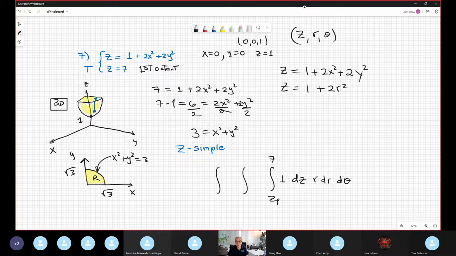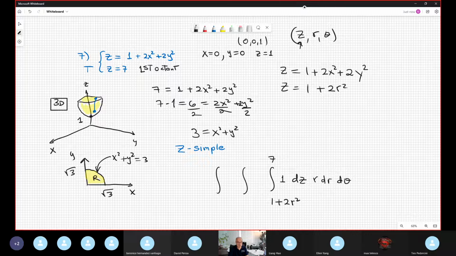And so I go to the z of the paraboloid, which is 1 plus 2r squared, to 7. I finish the integration of the 3D, that is, the z part. Then I focus, I dedicate now to do the integration for the double integral in the region R, but I need to set out properly the limits.